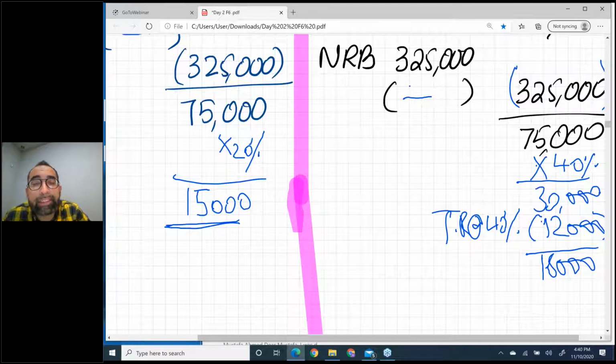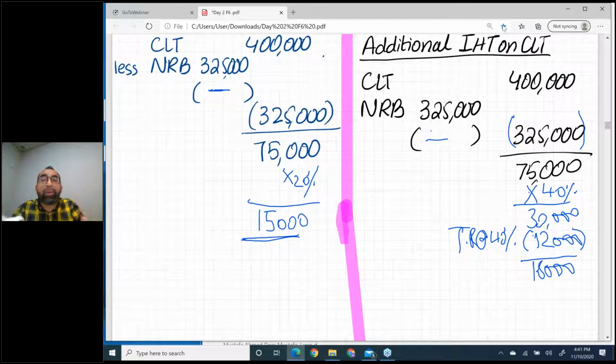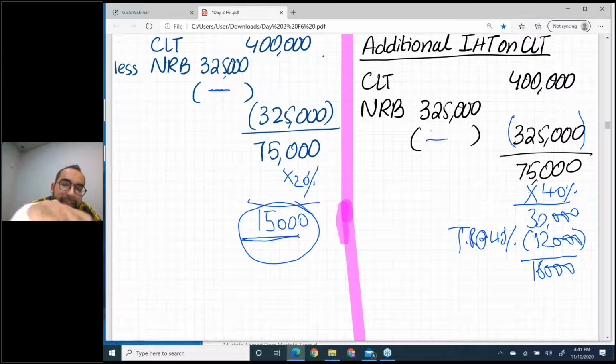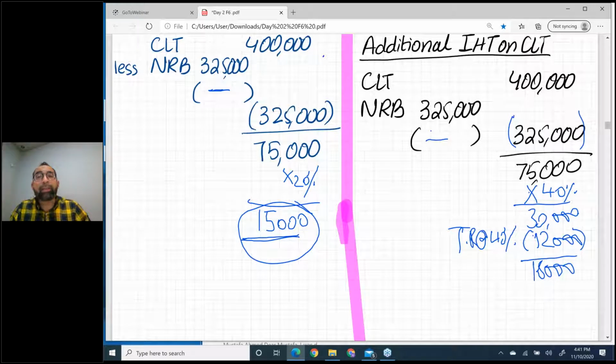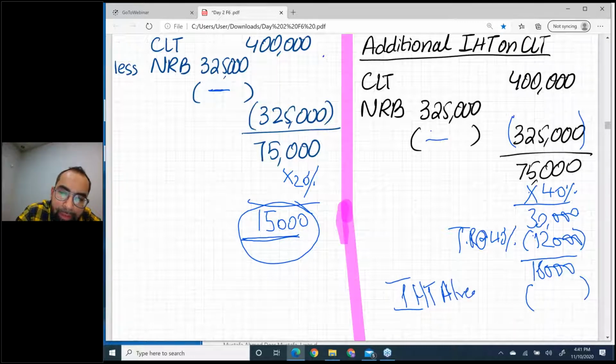Now this is the total IHT on CLT, but don't forget what we have to calculate. We have to calculate additional IHT. So just think, we have already paid some IHT on CLT, and now we have to calculate the additional. So simply deduct the IHT already paid.